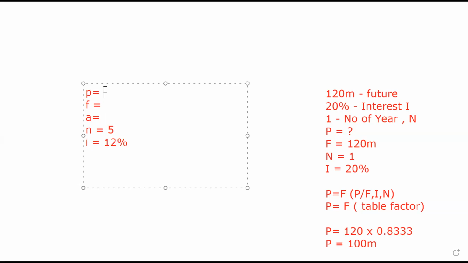What is the P? What's the P? 20,000. So, am I right?